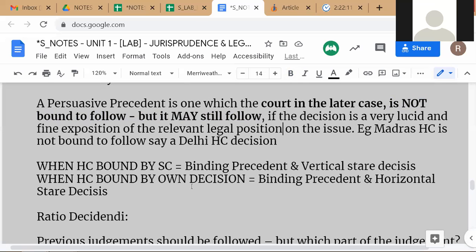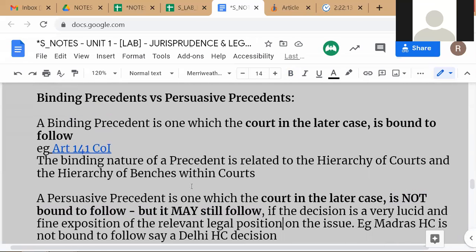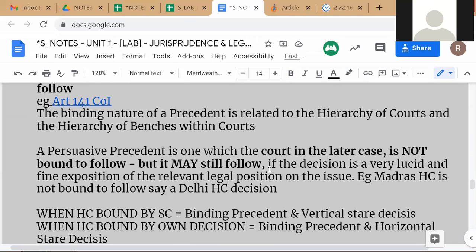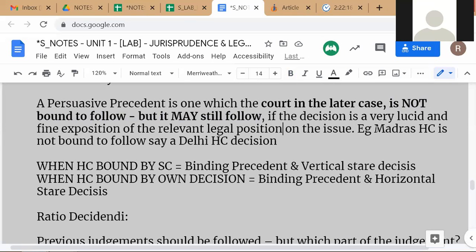So here's an example of a persuasive precedent. Let's say you have a case going on in the Madras High Court related to the Madras Rent Control Act. Every state in India has a rent control act, but they were all drafted or updated based on a certain model rent control act that the centre circulated.